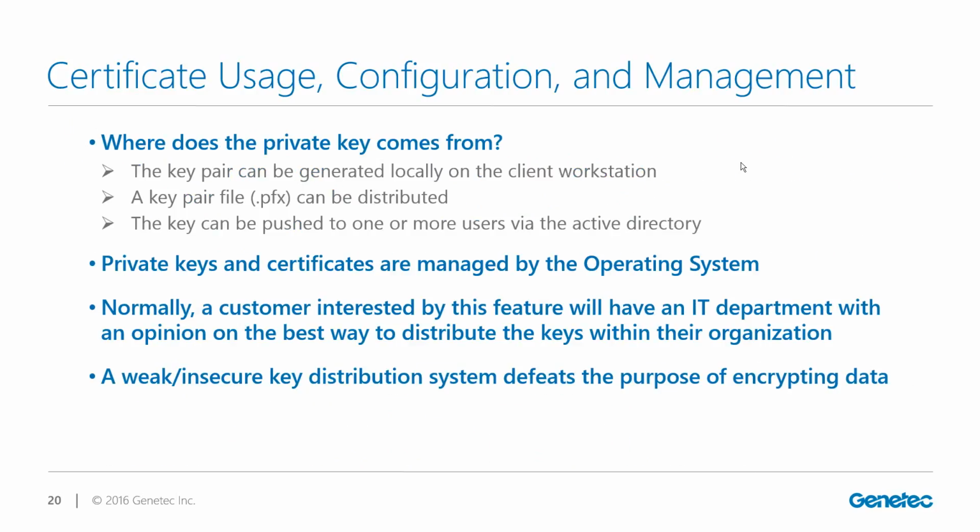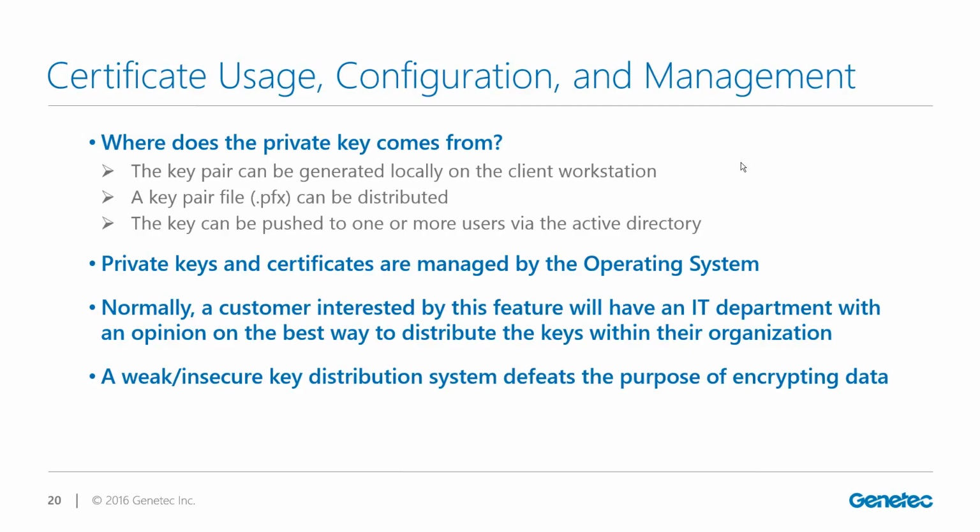Now a bit more information on where the private key comes from. Where do we get that from? Basically, on your system, the key pair can be generated locally on the client workstation. So if you have the certificate installed, you can get the private key from that. You can also distribute a key pair file, which is a .pfx file.